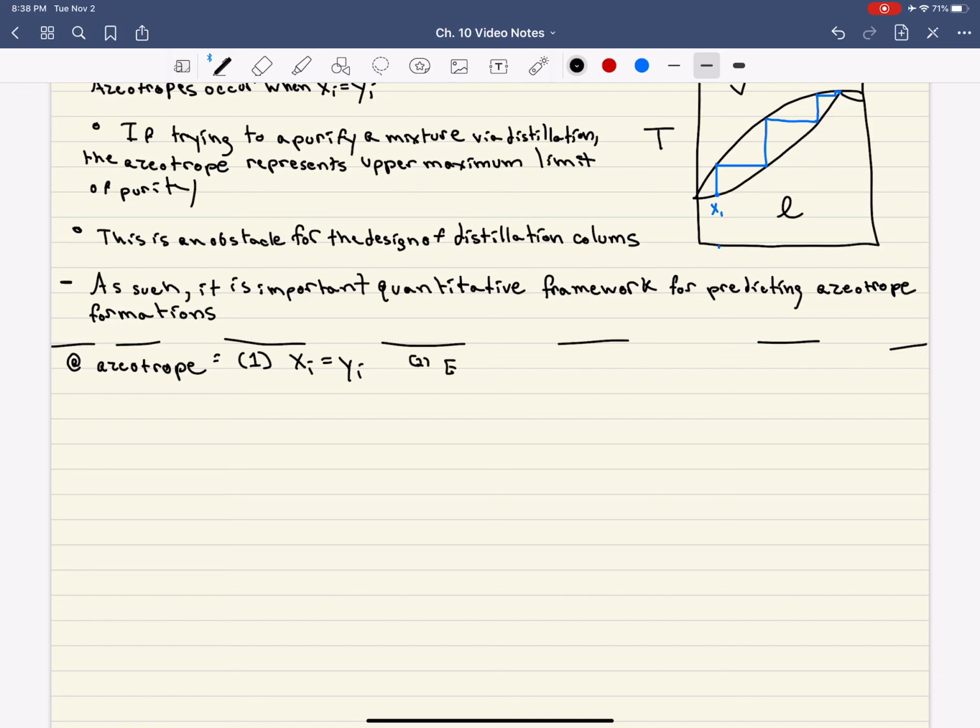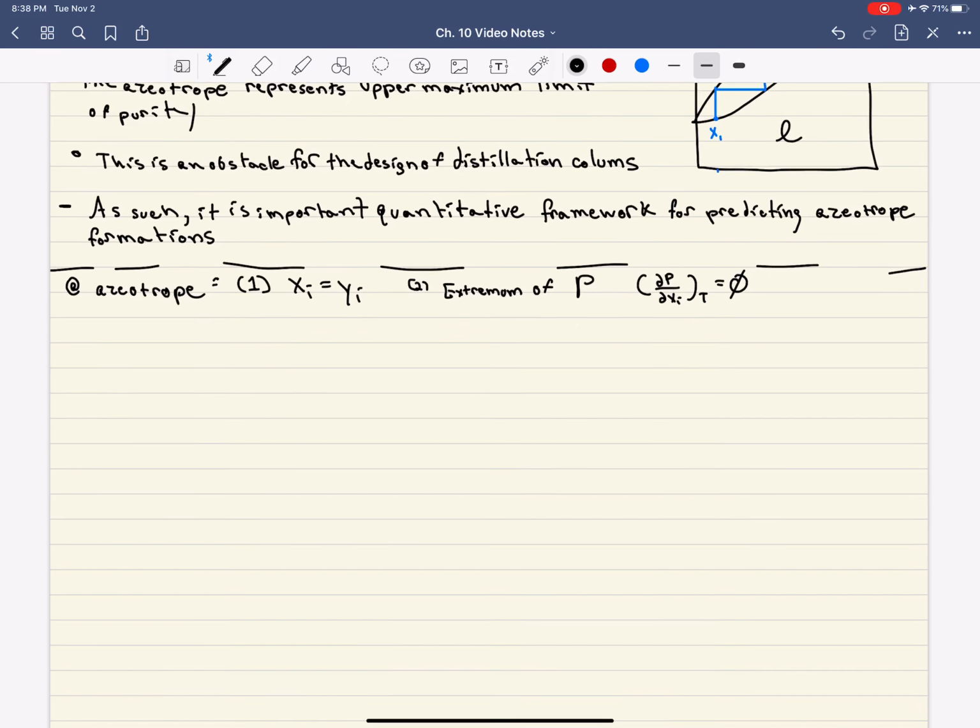Then, if we're looking at the PXY diagram, we have to see an extremum in the pressure. That means the partial derivative of pressure with respect to xi at constant temperature is going to be equal to 0.